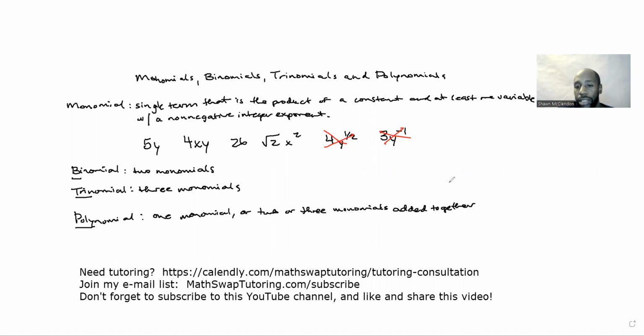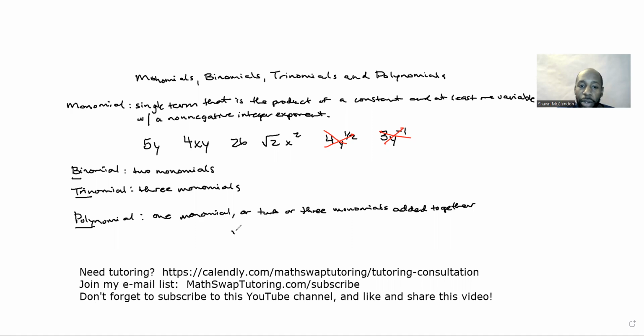Now it can be added or subtracted, but the definition I got it from phrased it as algebraically added together. So basically, you're always adding, but sometimes you're adding negative numbers. So that's why we're just saying added. Okay. So that's what a polynomial is.